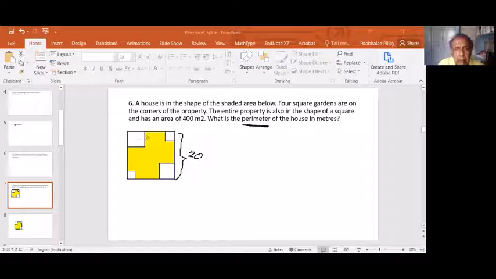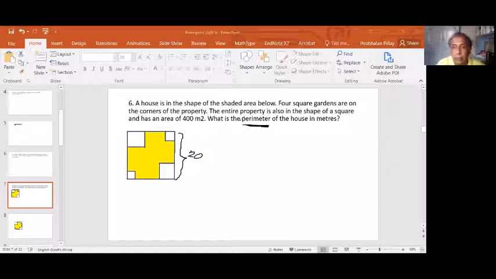It's not given. The only thing that is given is the area of this whole thing, which allows us to calculate the side of this large square. So there's a little thing that we have to observe here, and to that end, I've drawn a diagram to illustrate what we are going to observe.